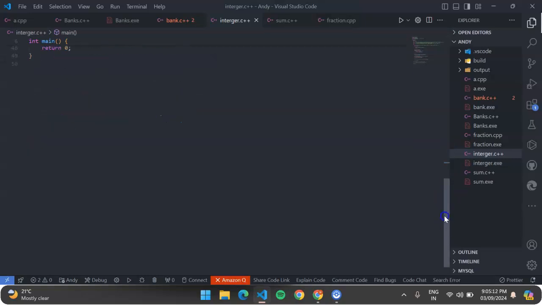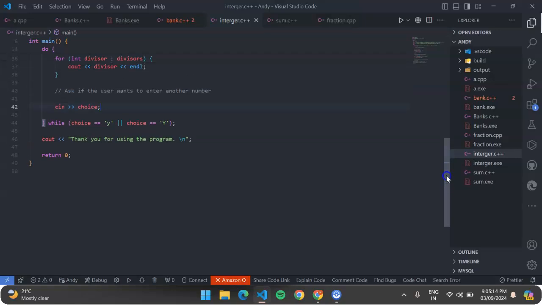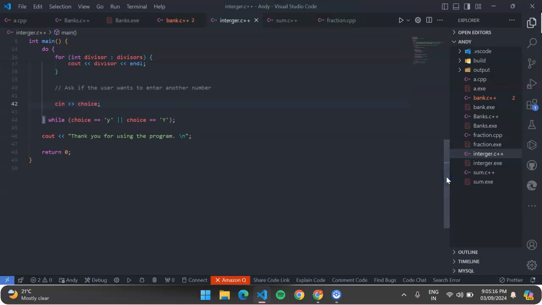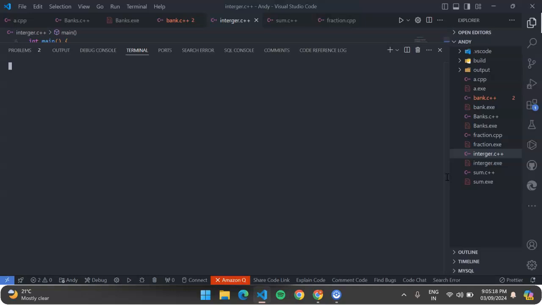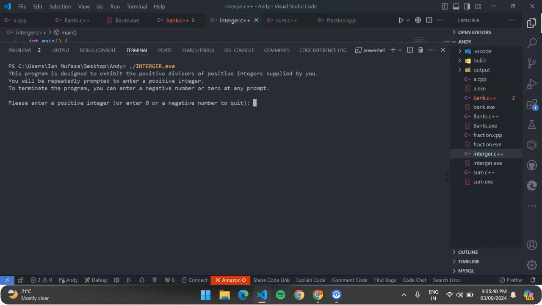Let's try to run our code and see what it displays.